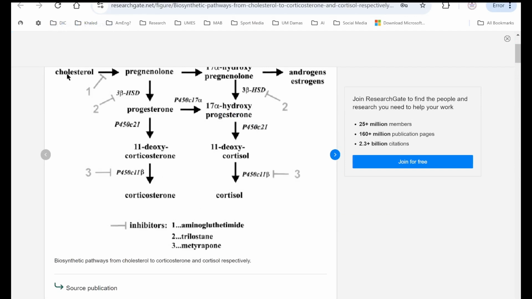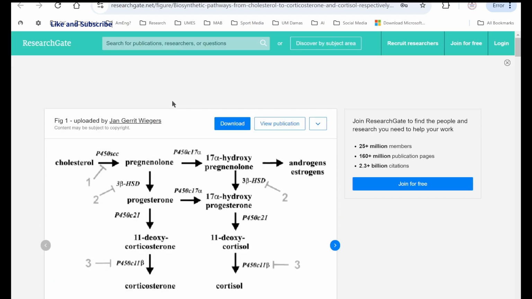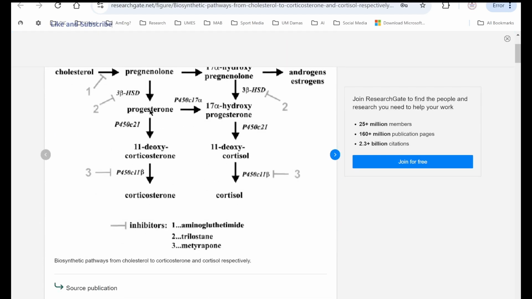The cholesterol is converted to pregnenolone, and then pregnenolone is converted with cytochrome P450 C17 alpha to 17 alpha hydroxypregnenolone, then to the androgens. So you can see here the androgens and estrogens derived from cholesterol through pathway enzymes. Then we have progesterone here, and this is responsible for the formation of corticosteroids.